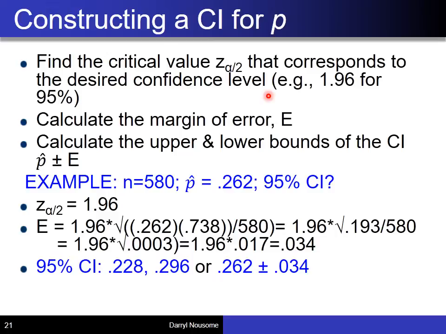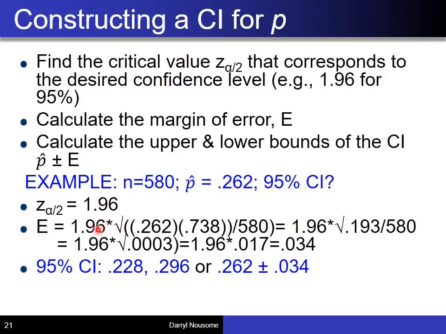So for instance, if you have a sample of 580 and I told you that the point estimate of the proportion is 0.26, what's the confidence interval? I've told you to use an alpha of 0.05, which tells you that the critical z-score is going to be 1.96.